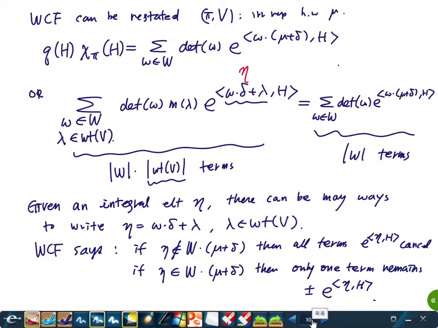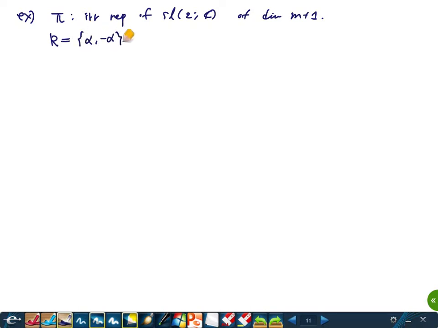Okay, let me give you an example. Let me explain that again using this. So pi, an irreducible representation of SL, I'm using the same example, of dimension n plus 1. And what is R? It's one-dimensional, so the rank is 1, so we have only two roots, alpha and minus alpha. So what is delta?